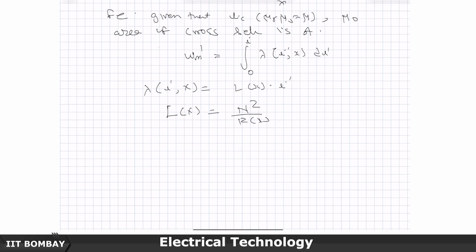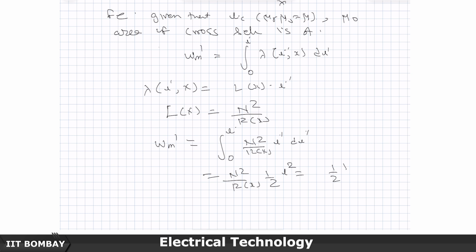So, Wm dash is going to be equal to the integration from 0 to I of N square by R x, the inductance, times I dash, the current, which is the dummy variable used for current, because the limit of integration is taken here as I, times d I dash, which is N square by R of x, half of I square.